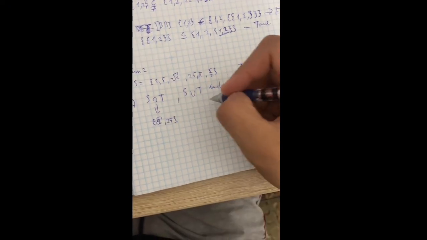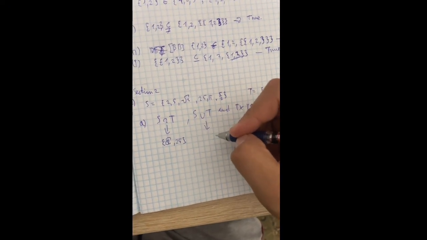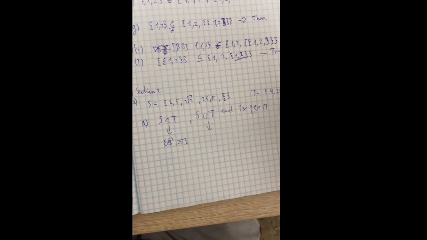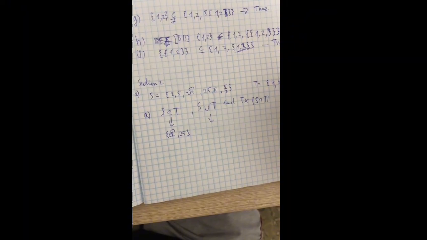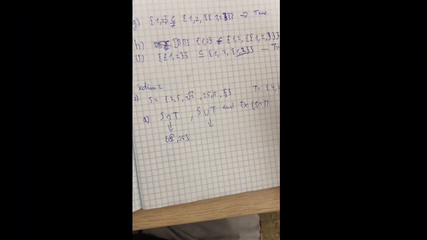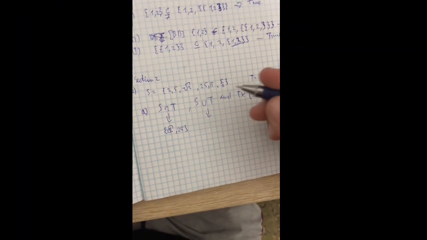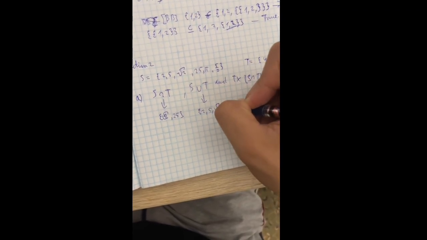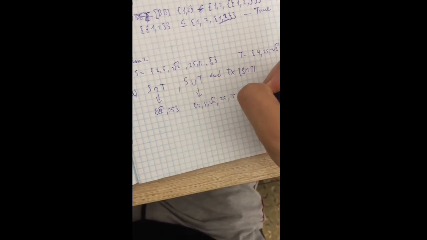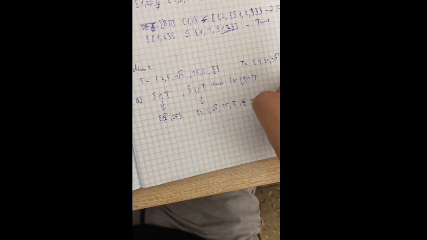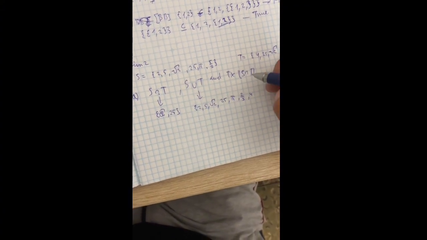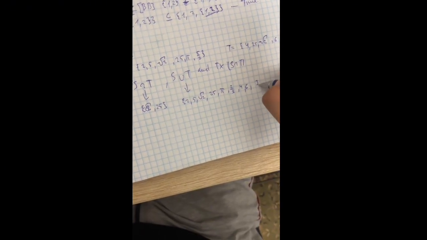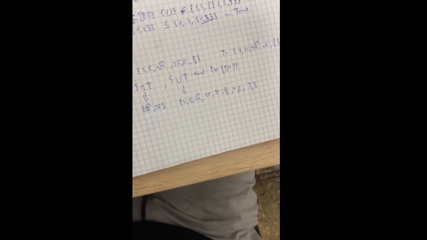The union combines all unique elements from both sets, and I will list everything from S first, then add the new items from T. So here is 2, 5, square root of 2, 25, pi to the power of 3, 2 divided by 3, and 6, and also half of 3.